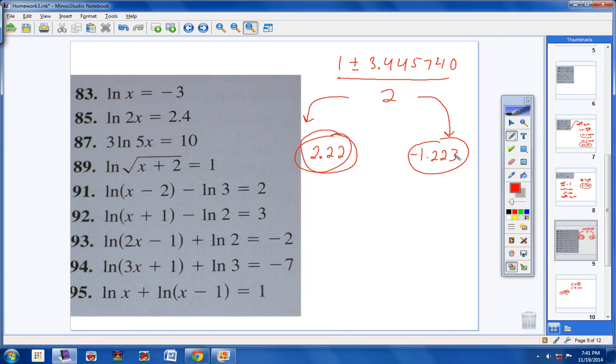Because look, if you put negative 1.223 in for x, right here, you have a negative argument. And that totally means this answer here can't work. You can never have a negative argument. So this is the answer right here. Okay, all right, number 97.